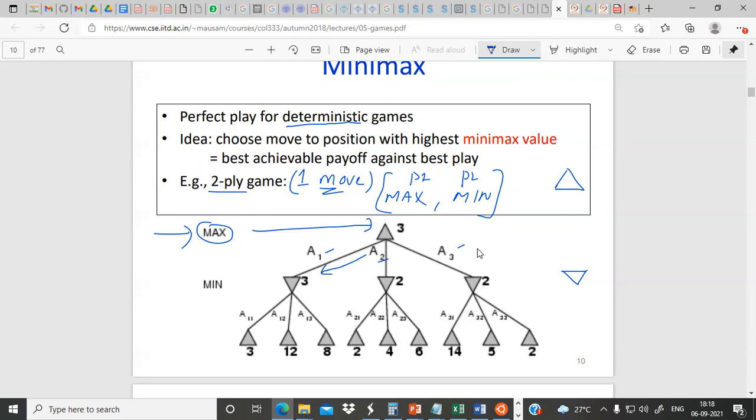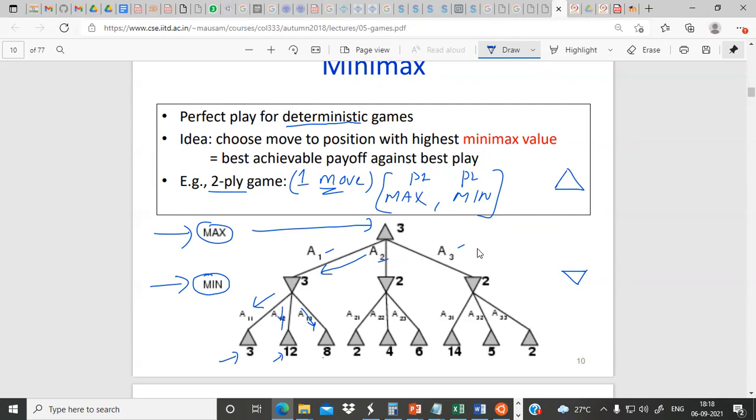If player one chooses this path, now it is player two's turn. Player two always wants to minimize player one's chance of winning. Given that player one has made this move, player two has three possibilities: allow this path, which will lead to 3, or this path, which will lead to 12, or this path, which will lead to 8.